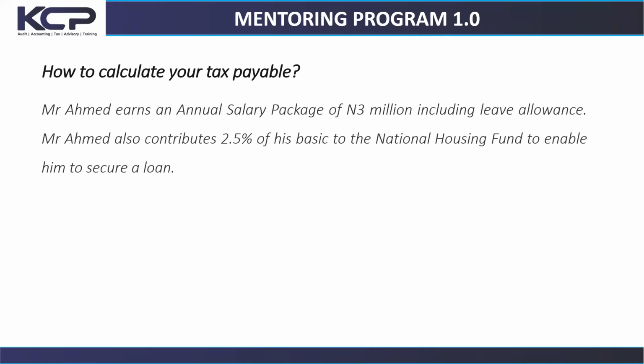So for those who are residents in Lagos, you will total all their PAYE and remit to LIRS. For those who are residents in Ogun State, you will sum it up and remit to Ogun State. For those who are resident in Calabar, Cross River, you will sum it up and remit to the Cross River Internal Revenue Service.